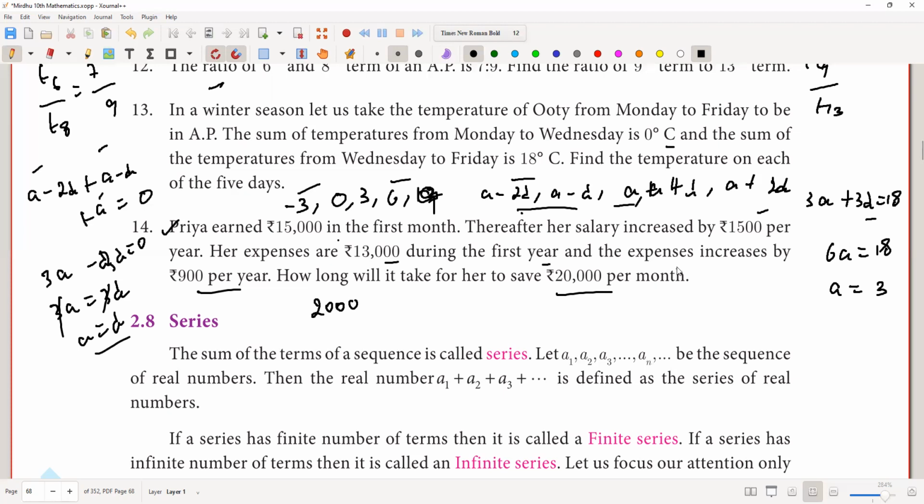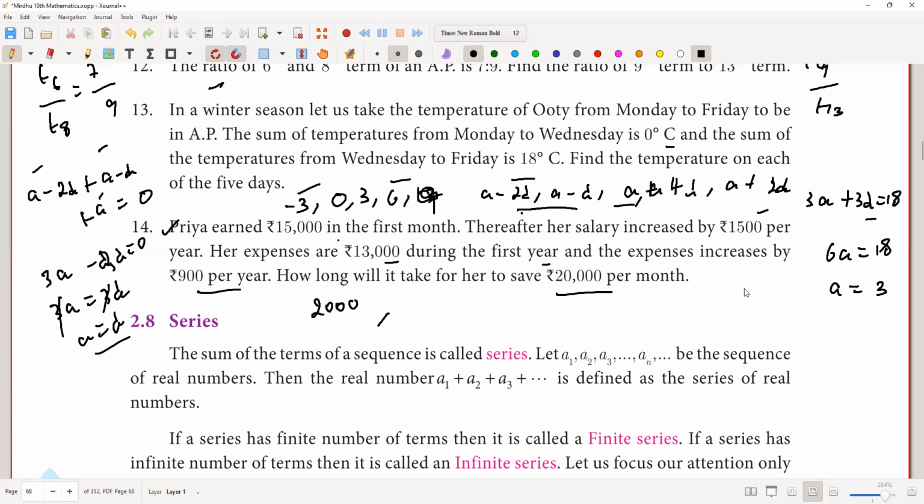During the first year, and the expense increases by 900 per year. So you have to subtract 1,500 minus 900. So the next year it will be 16,500.